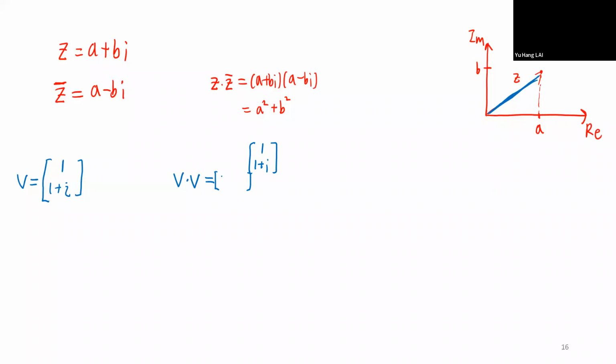But not only that, after I take my transpose, I need to take the complex conjugate of all the elements in my vector. So in this case, it's 1 and 1 minus i.